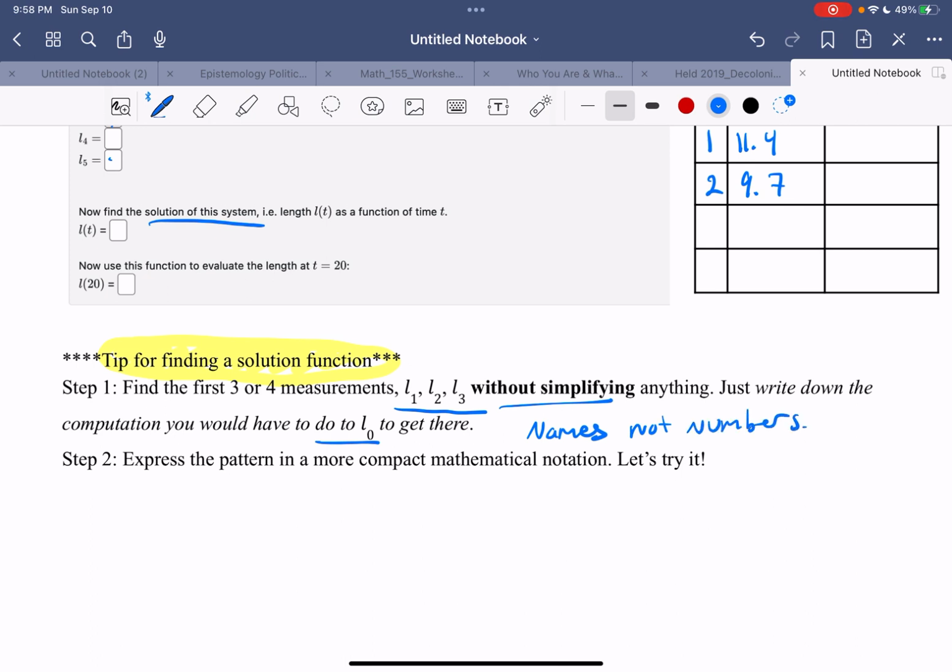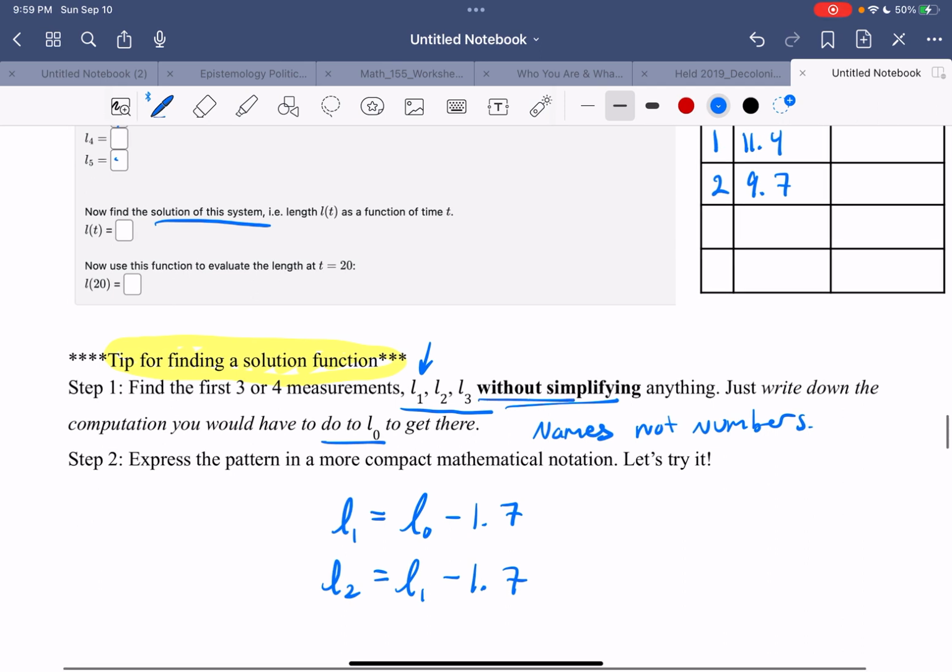Okay. So how do we find L1? Well, we take L0 and we subtract 1.7. How do we find L2? Well, we take L1 and we subtract 1.7. Okay, but without simplifying, write down the computation you would have to do.